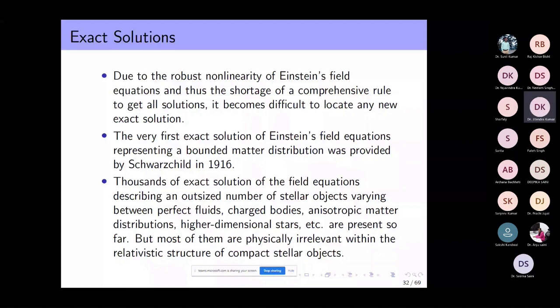Thousands of exact solutions of the field equations describe an outsized number of stellar objects, varying between perfect fluids, charged bodies, anisotropic matter distributions, higher dimensional stars, etc. But most of them are not very physically relevant within the relativistic structure of compact stellar objects.